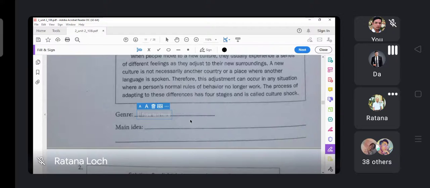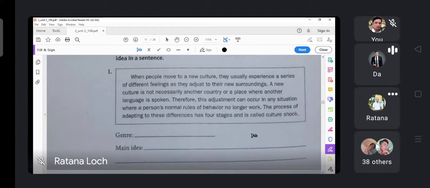Genre is always used with religion. So if it's difficult for you, you can use the word type. Okay, so let's start.